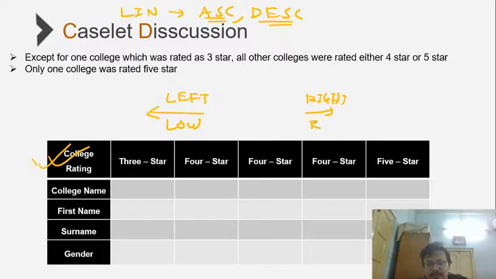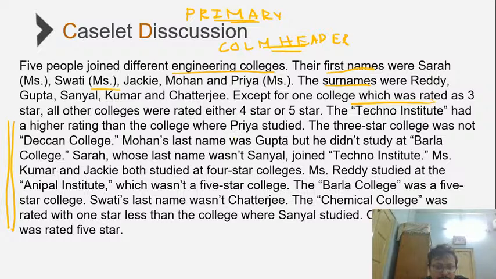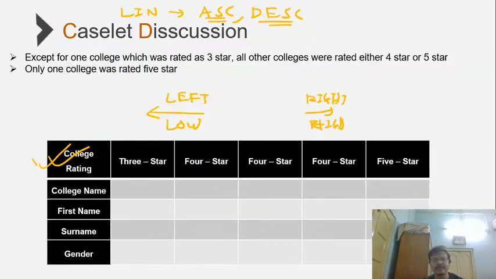So all the clues like 1 star less, all the clues like higher rating and so on can easily be visualized, because any higher rating would mean college to the right, any lower rating would mean to the left. Which is why always keep your column header as one such parameter that can be arranged in a numerical ascending or descending order fashion, and that cannot be done with any of the other parameters in the question.